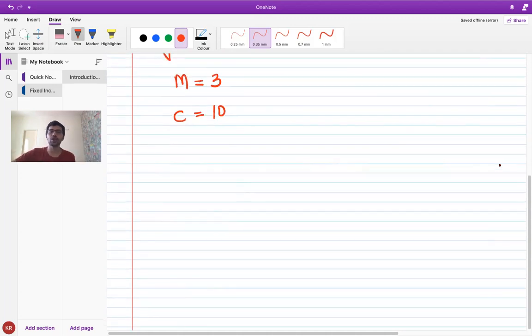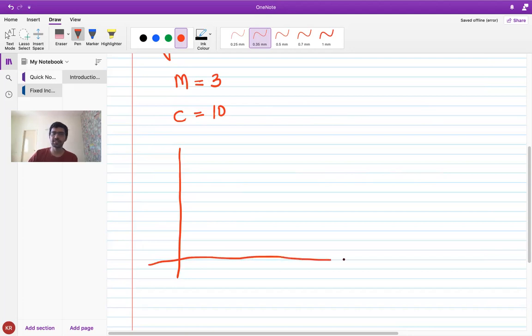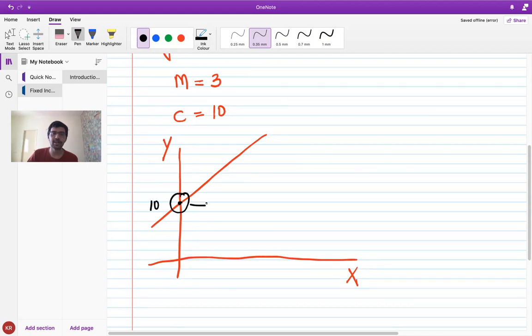For instance, if we draw a graph, y equal to 3x plus 10 would be something like this. This is the x-axis and this is the y-axis. This point is going to be 10, and this is nothing but the intercept. It is the point where the line, y equal to 3x plus 10, cuts the y-axis.